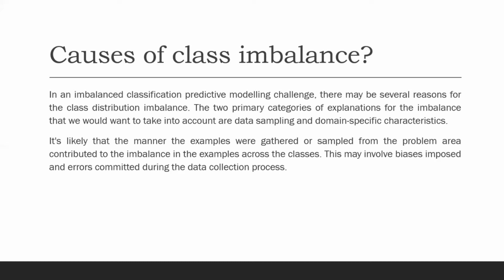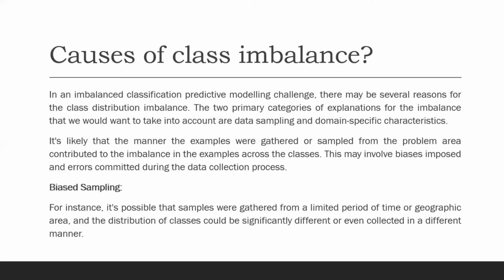It's likely that the manner in which the examples were sampled from the problem area contributed to the imbalance in the examples across the classes. This may involve biases imposed and errors committed during the data collection process.